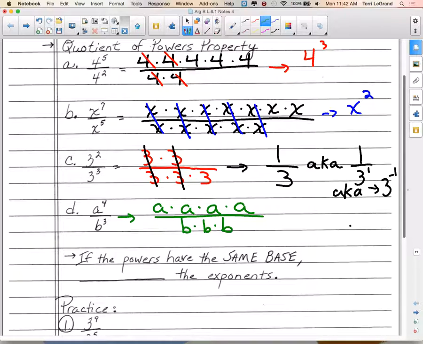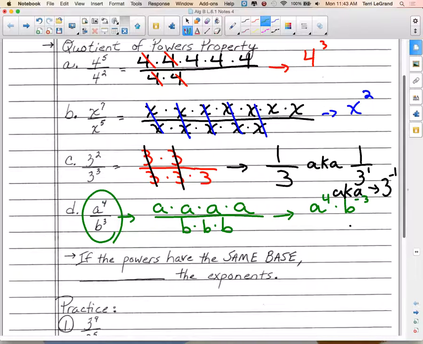So can we simplify this one? No, we can't because there's no common base. Can we make it AB to the 1st power? No, you make it A to the 4th times B to the negative 3rd power. Is that simplified, class? No. That's another name for this, you're right, Cody, but that's not simplified, is it?